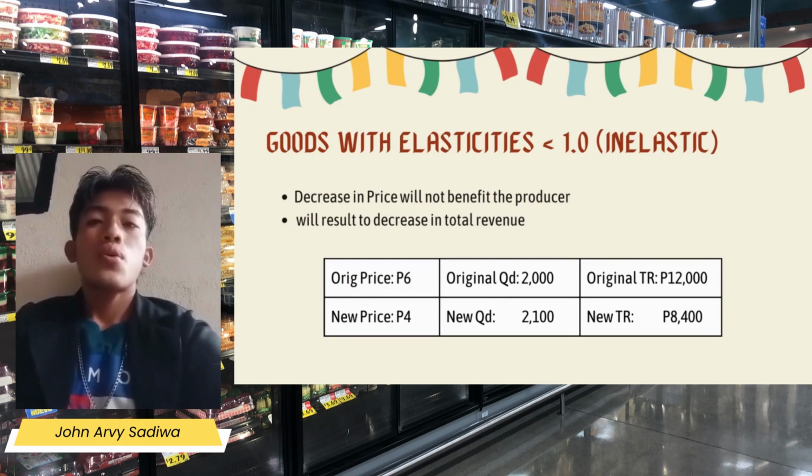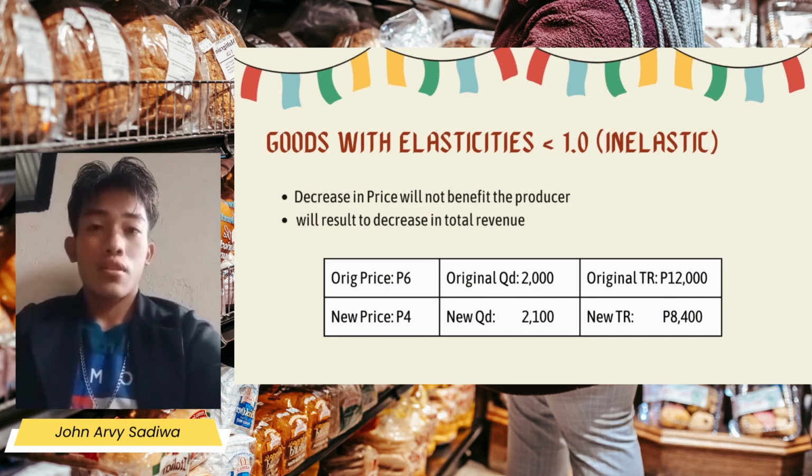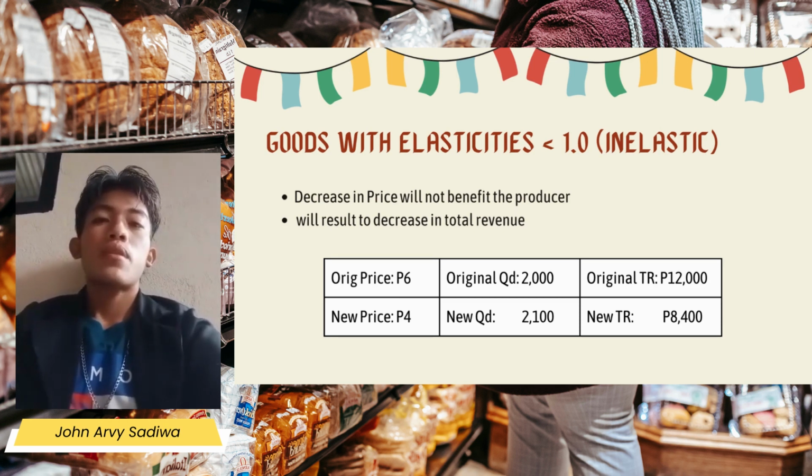Here, we have an original price of 6. It is a low price, essential and necessary. The original demand of 2,000 barely changes. Quantity demanded increases when the price decreases, but the total revenue of 12,000 becomes 8,400, which is not good for those producing inelastic goods.